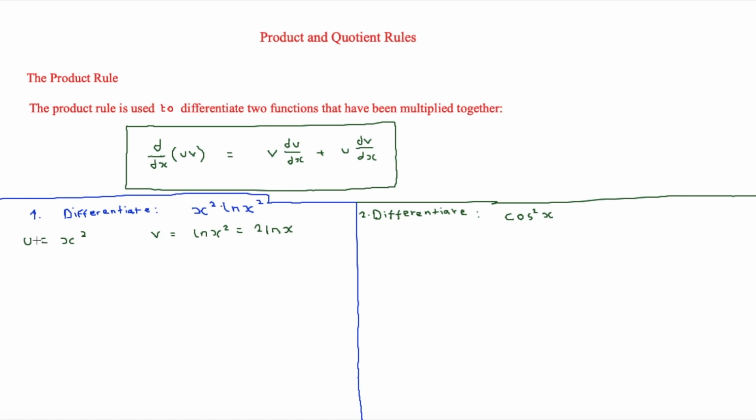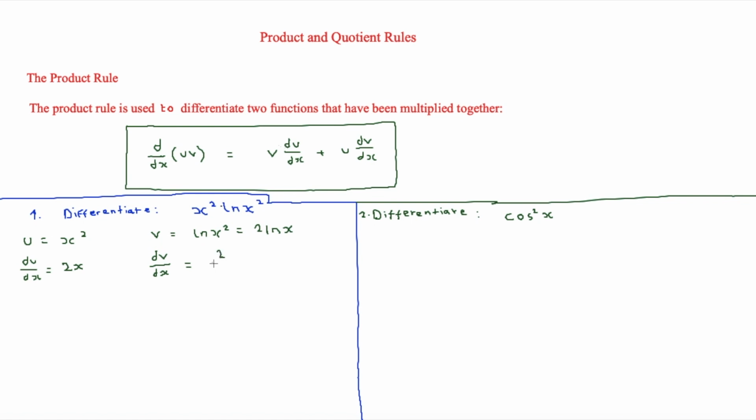So that means that now we have to differentiate both of these. So that means that we can get du over dx is going to be equal to 2x, while dv over dx is equal to 2 over x.